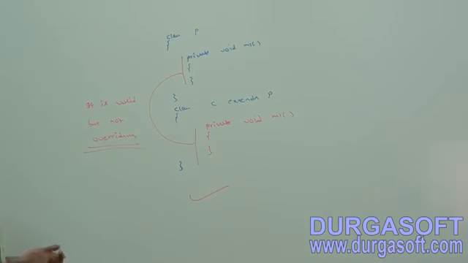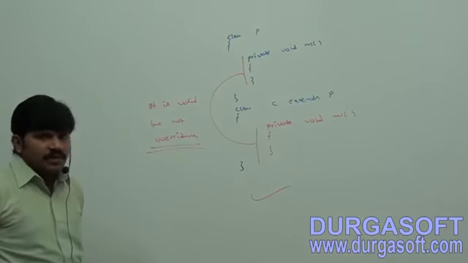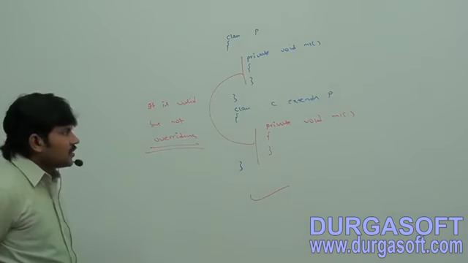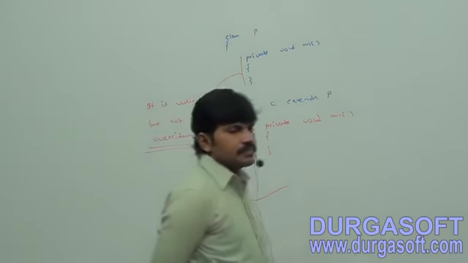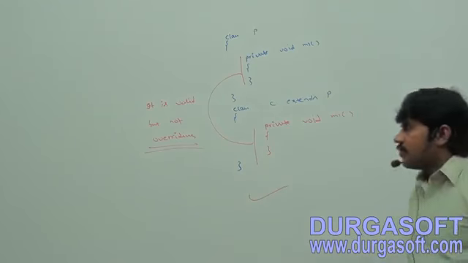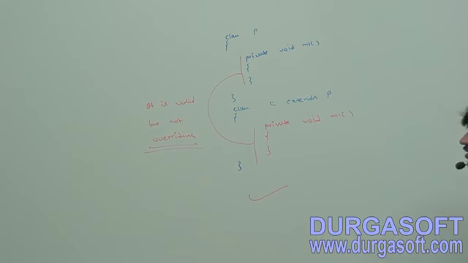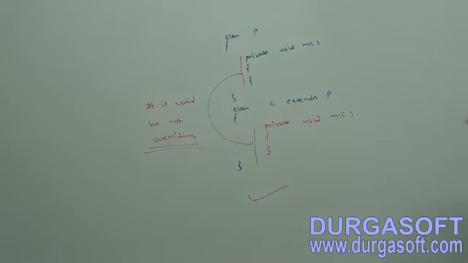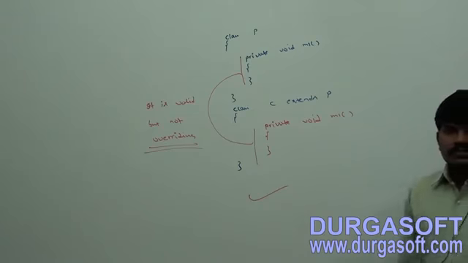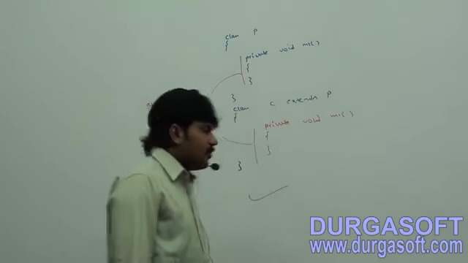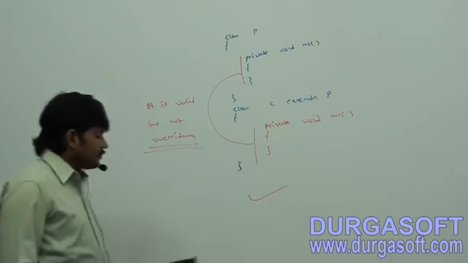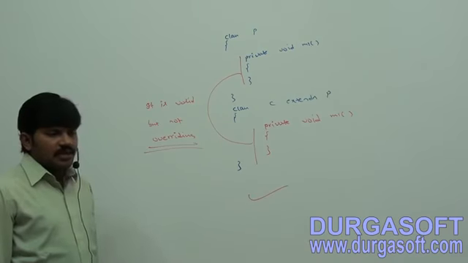Class P, private void M1. Class C extends P, private void M1. It is valid, but not overriding.